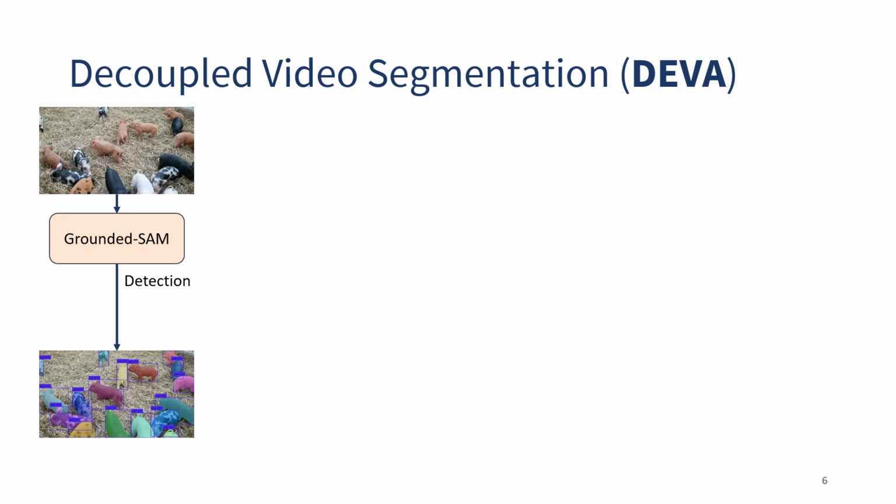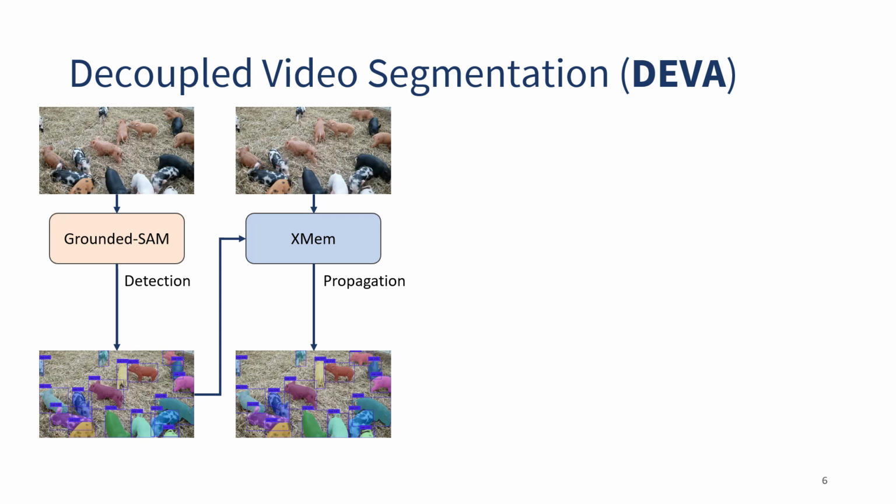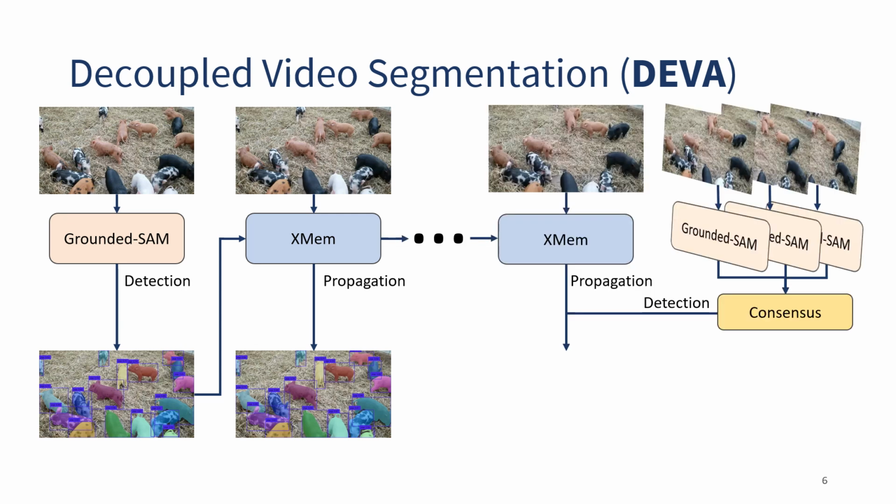DEVA starts by applying an image detection model on the first frame. The detections are used to initialize the memory bank of XMem, which in turn propagates the segmentation to future frames. Every so often, new objects might have come into the scene, but they cannot be tracked by XMem since they were not included in the memory.